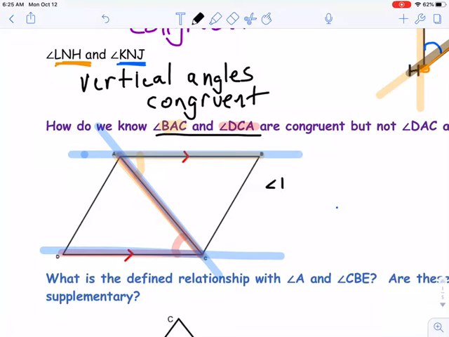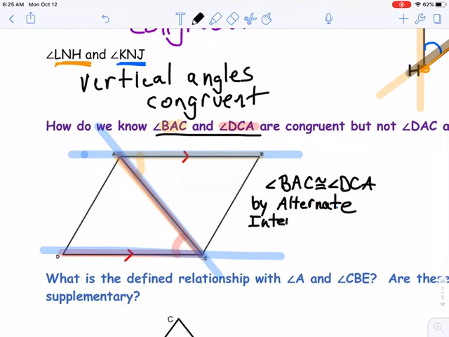We're going to write angle BAC is congruent to angle DCA by the alternate interior angles congruence theorem. I made a weird E. Deal with it. Capital E out of nowhere. All right, they're congruent by the alternate interior angles congruence theorem.